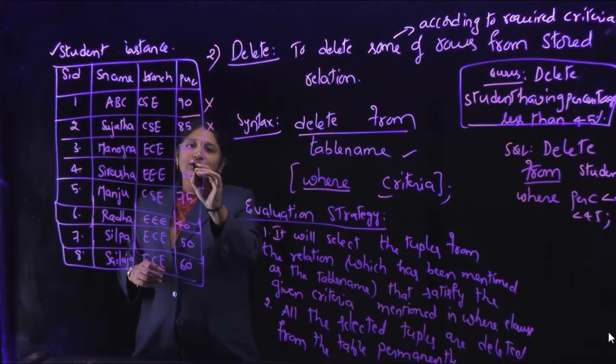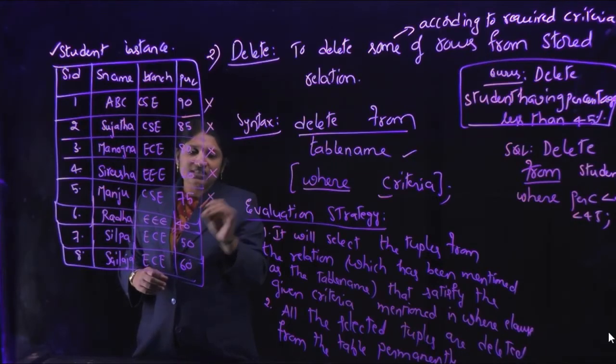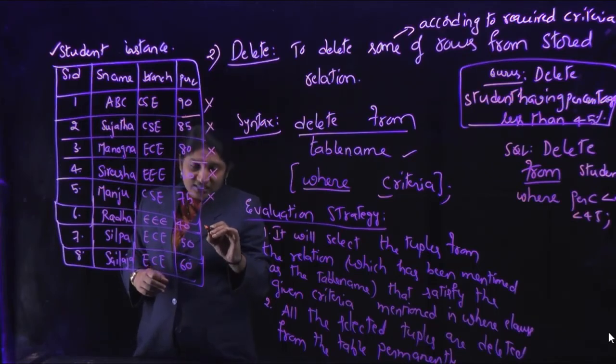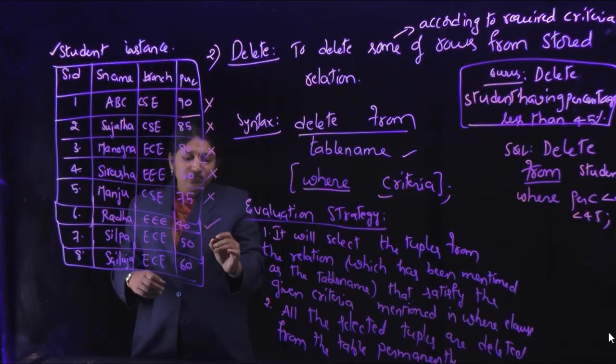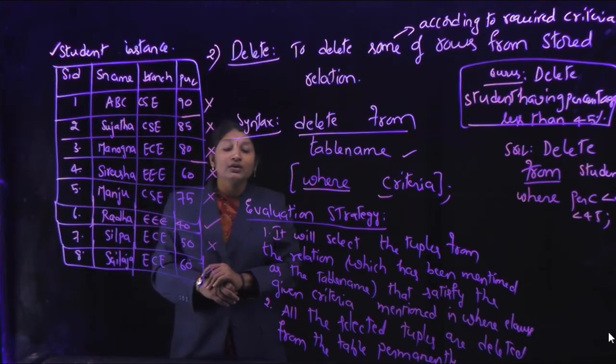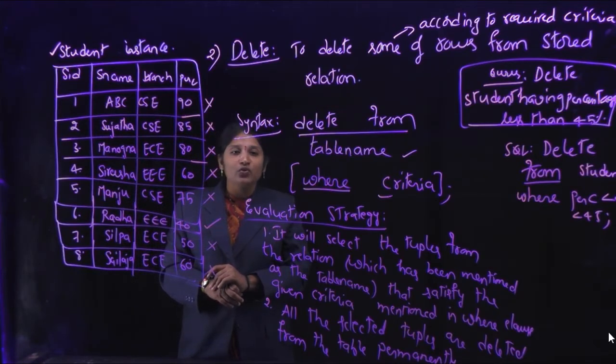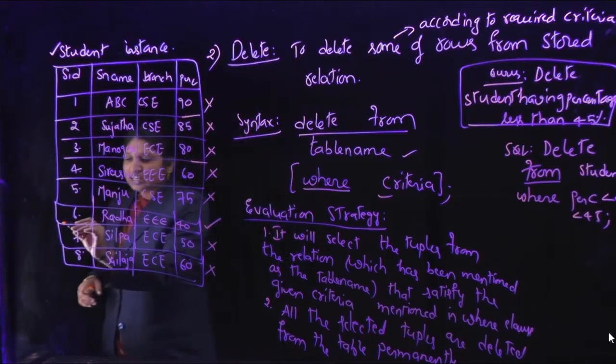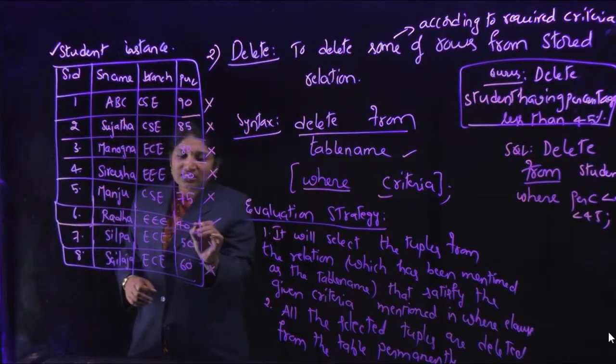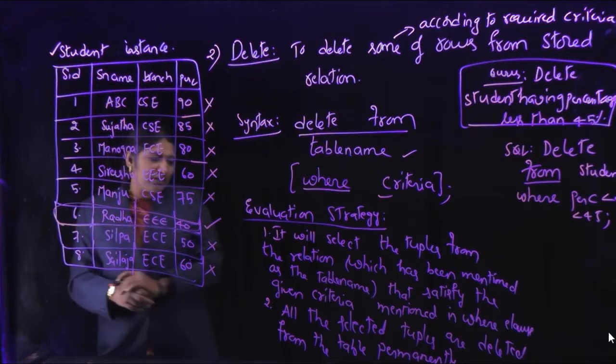The third tuple, 80 not less than 45, 60 not less than 45, 75 not less than 45, 40 yes, it is less than 45, 50 not less than 45, 60 not less than 45. So which tuple do you want to delete? You want to delete the 6th tuple. So the selected tuple is the 6th tuple. What is the second step?